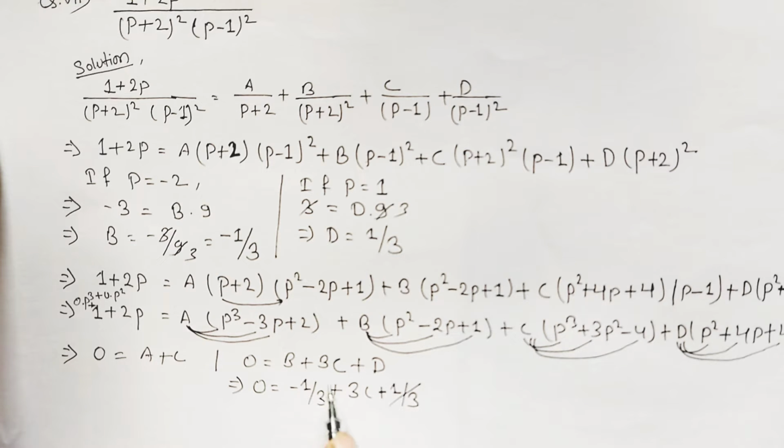So 1 upon 3 and minus 1 upon 3 get cancelled out, and here 3C equals 0. We have 0 equals 3C, so C equals 0.